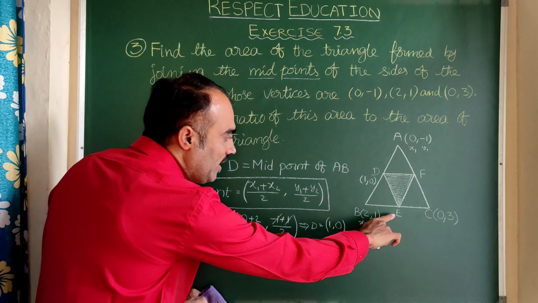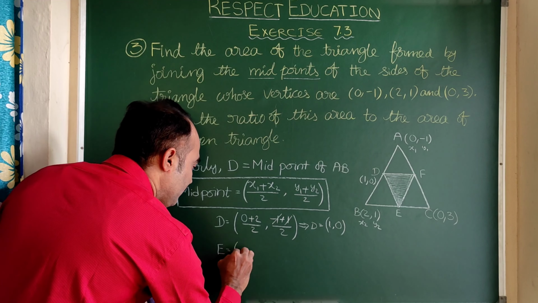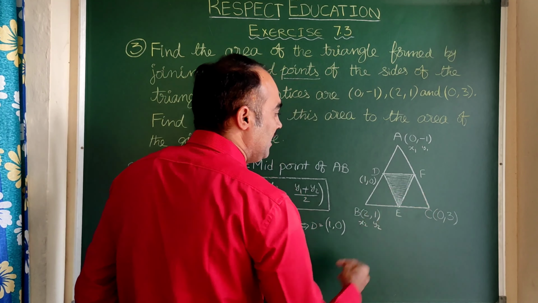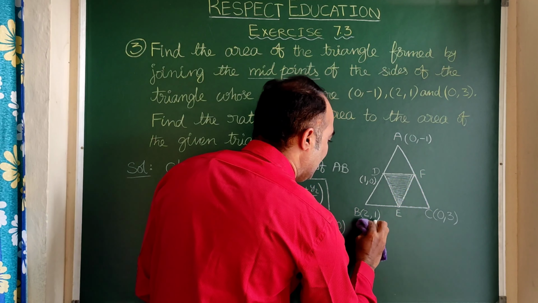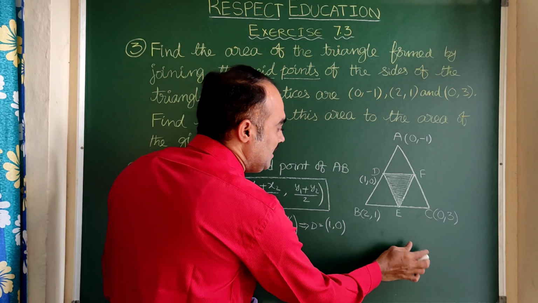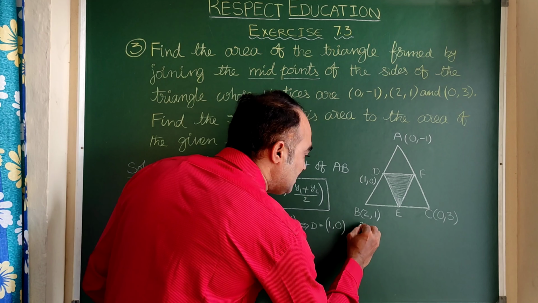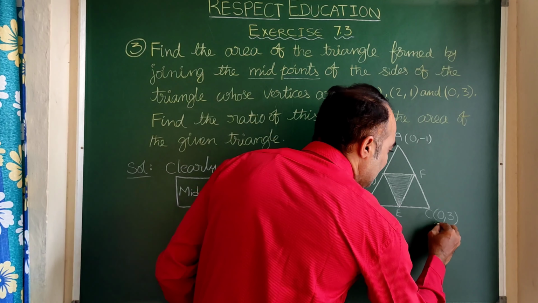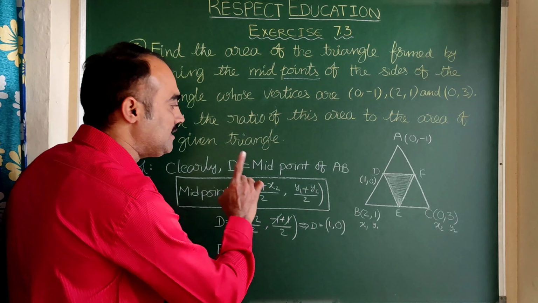Now we need to find E. E is the midpoint of BC. Now let us change this labeling. Since E is the midpoint of BC, I am taking B as x1, y1, C as x2, y2. The formula is the same.